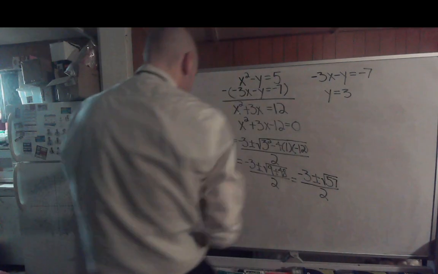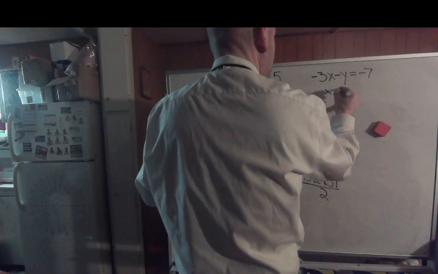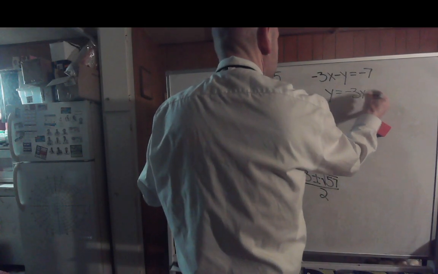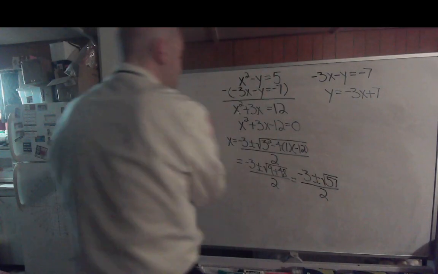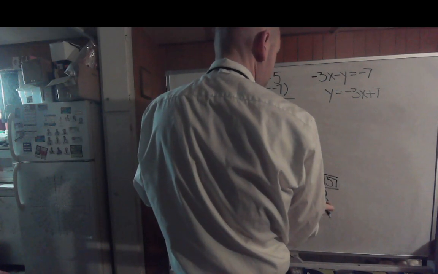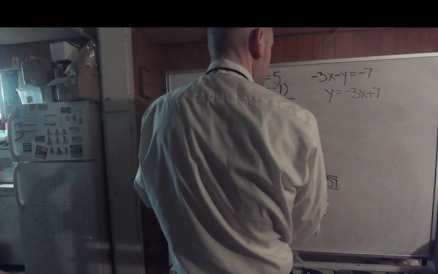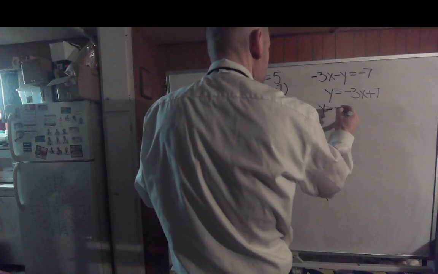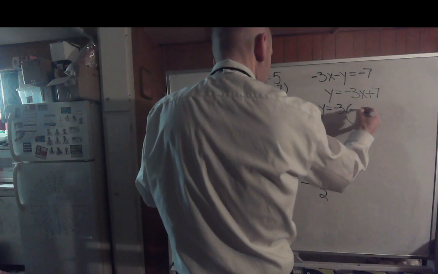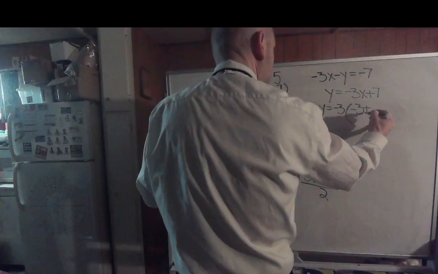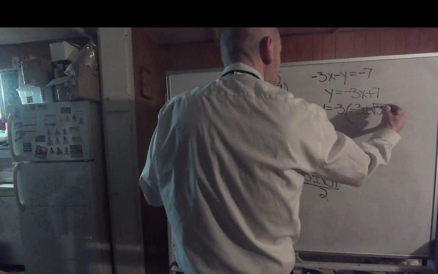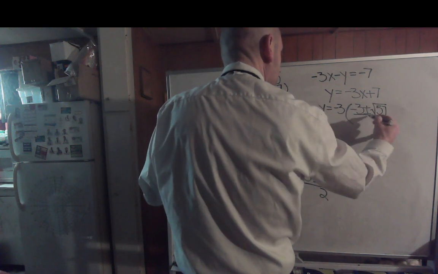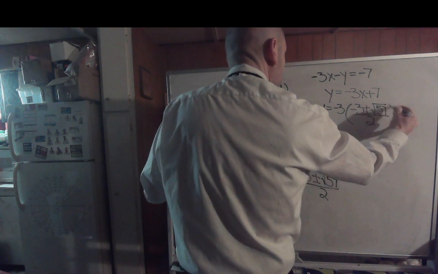Let's see, I think I'm doing that backwards. Yeah, y equals negative 3x plus 7. So then you just put in each solution for x. So y would equal negative 3 times negative 3 plus and minus the square root of 57 all over 2, plus 7.